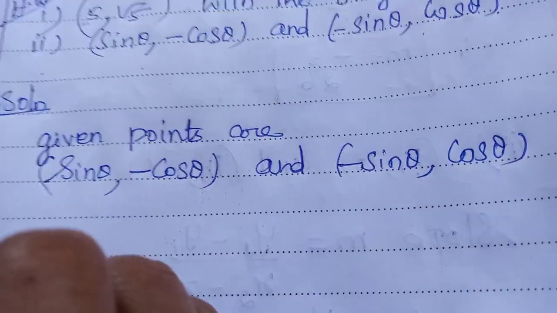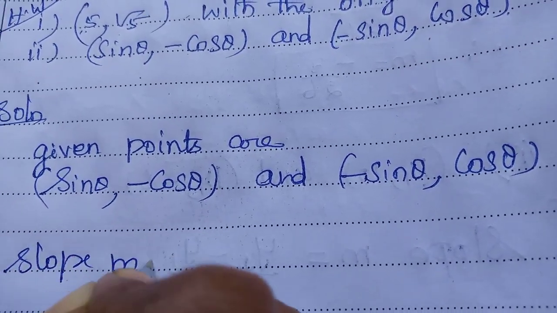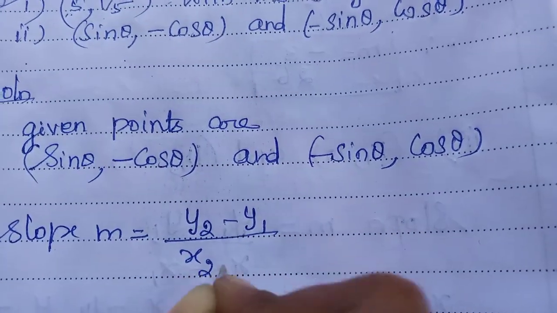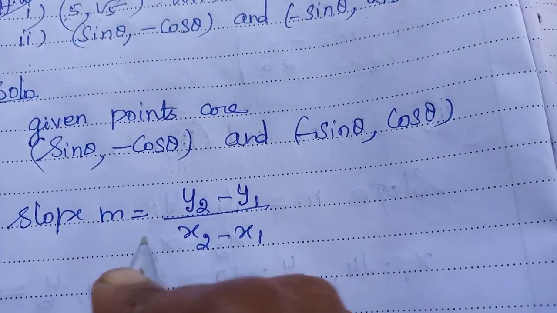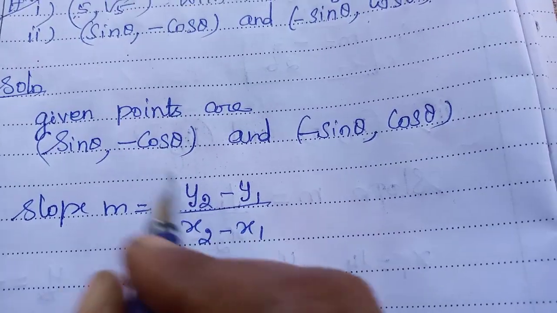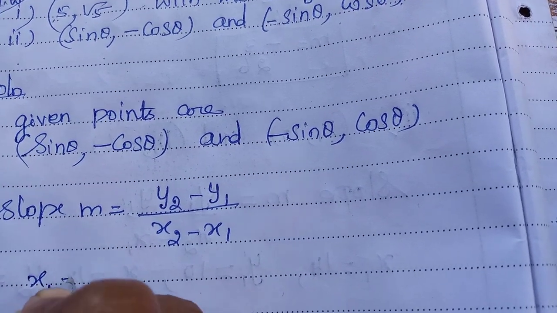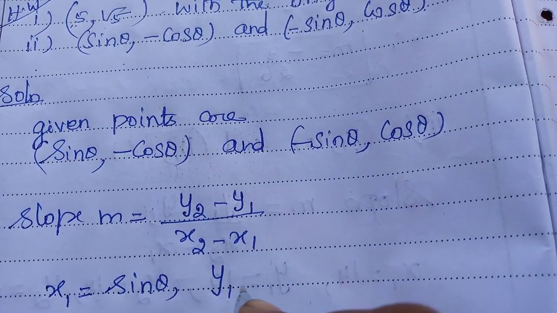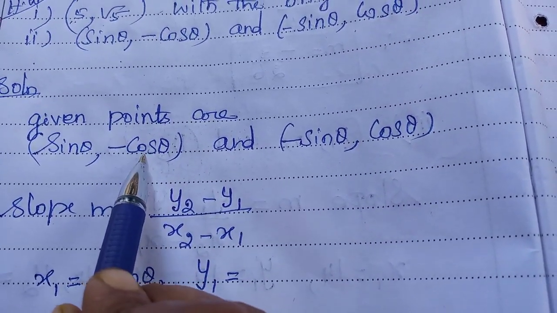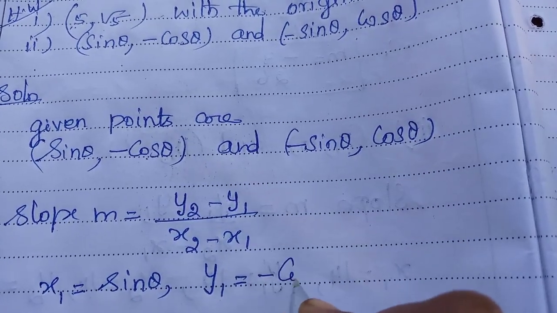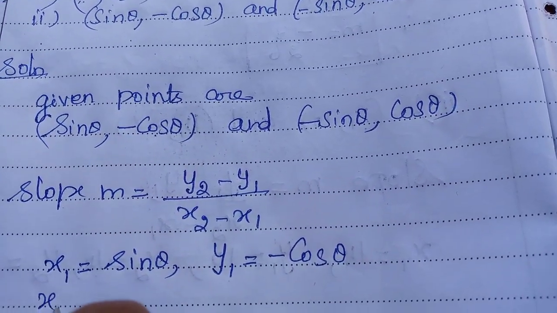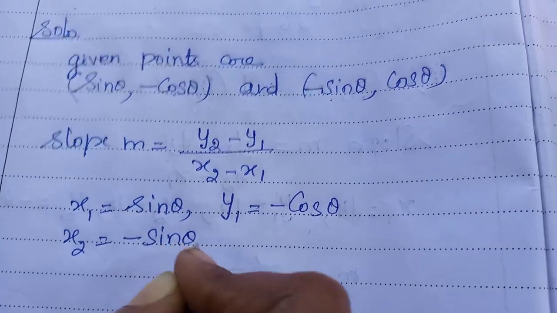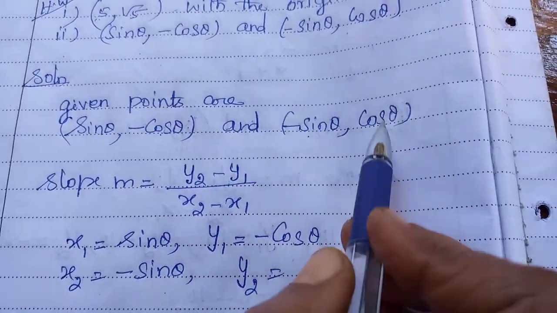Slope m is equal to y2 minus y1 by x2 minus x1. x1, y1, x2, y2 values, right. What is x1? x1 is equal to sin theta, y1 is equal to minus cos theta. Write carefully, minus cos theta. x2 is equal to minus sin theta, y2 is equal to cos theta.